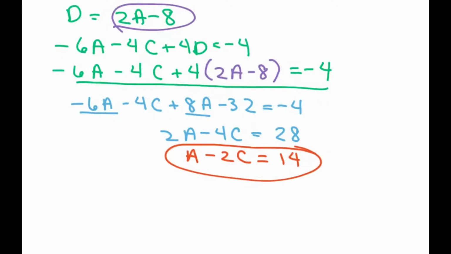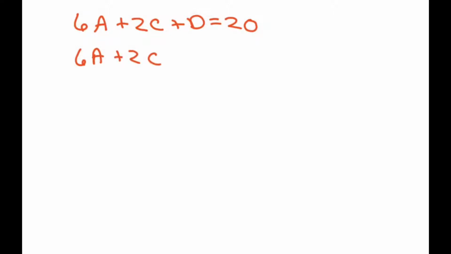Now what we want to do is take our 6a plus 2c plus d equals 20, and I'm going to plug in my d. So we have 6a plus 2c, and my d that we had before is 2a minus 8, and this is going to equal 20.